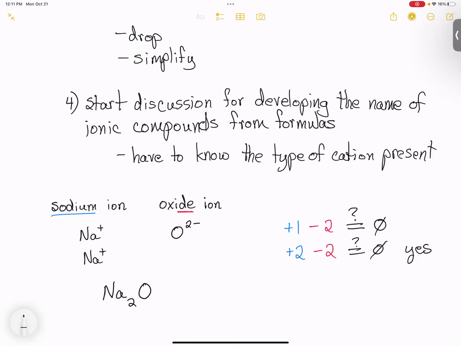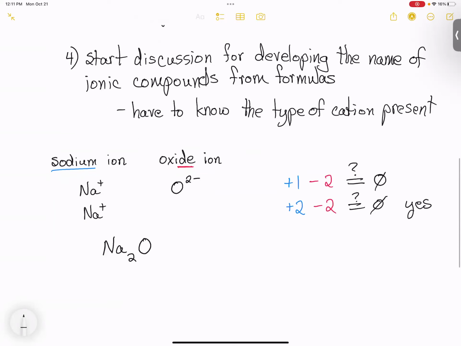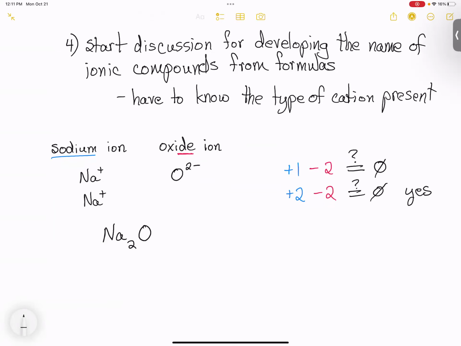It literally is telling me there are 2 sodiums and 1 oxygen in that formula. Now, to name this, we're going to name the cation first, followed by the anion. And basically, all we do is we get rid of the word ions and we cram the other 2 together. So this is sodium oxide.